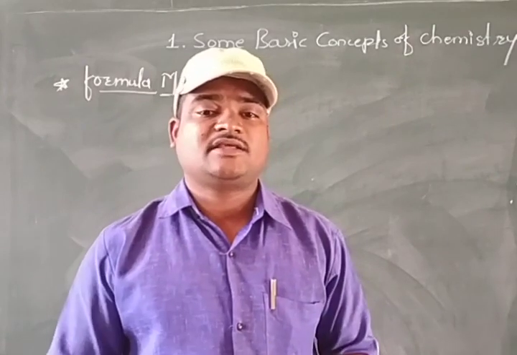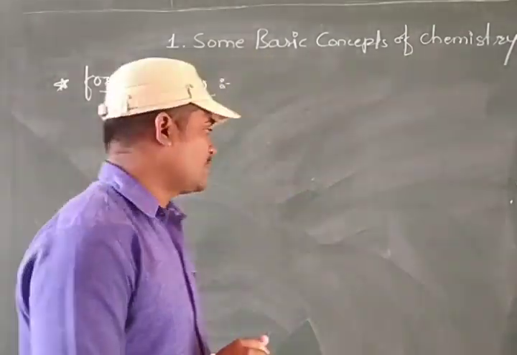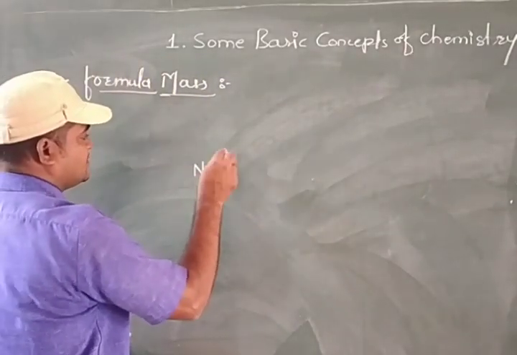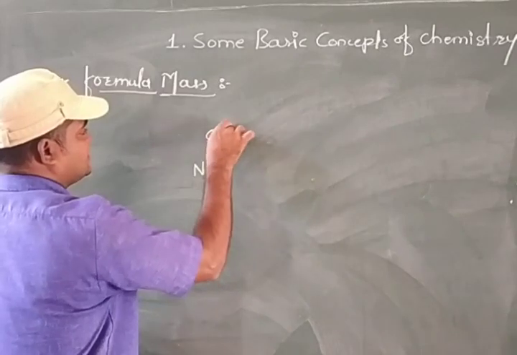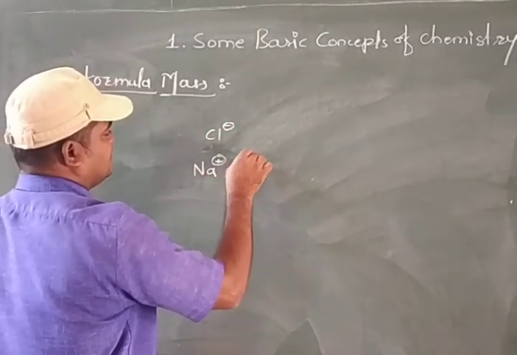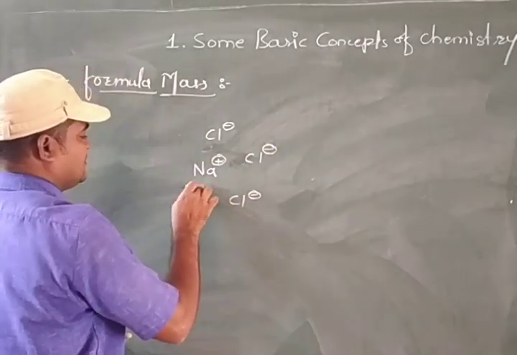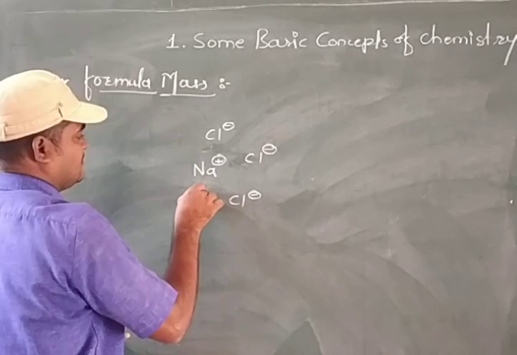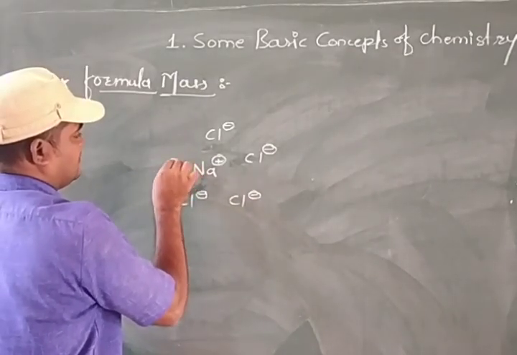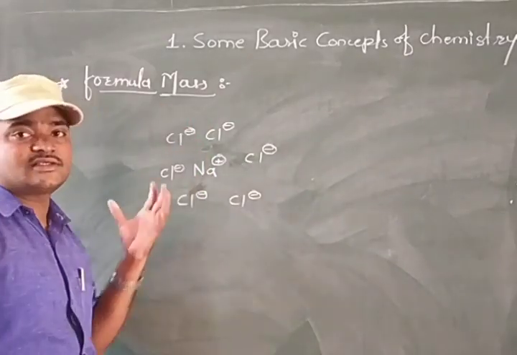One Na plus ion is surrounded by 6 Cl minus ions, like this arrangement.